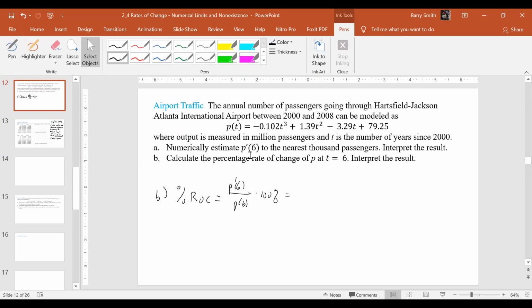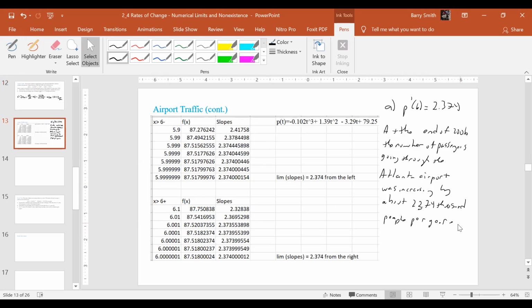So if we're going to write all this stuff down, which I guess I should, we get 2.374 divided by our 87.518 times 100%. And that's going to be equal to, again, approximately, I should always put approximately, 2.713% per year. Okay, so same sentence as the last one, but it's increasing by 2.713% per year.